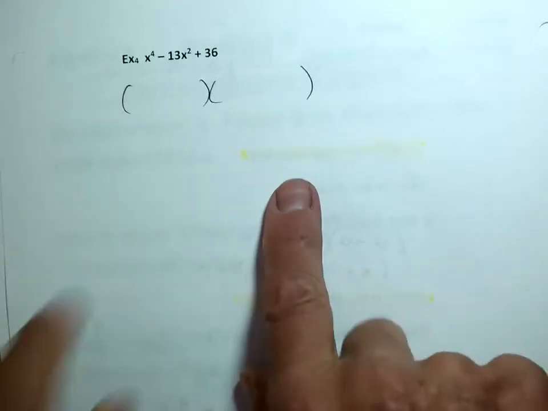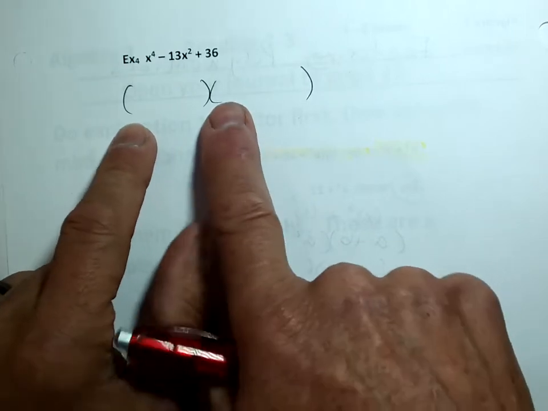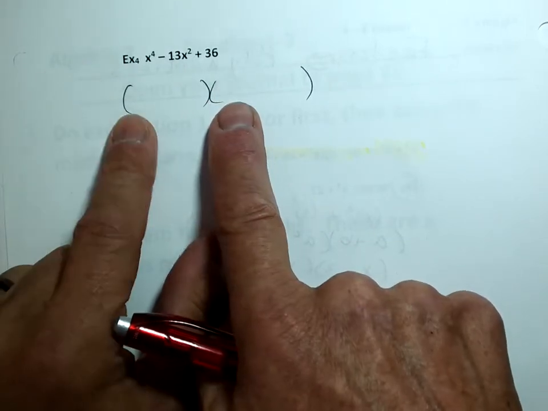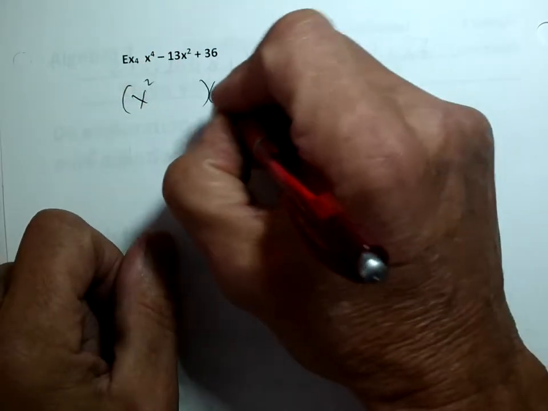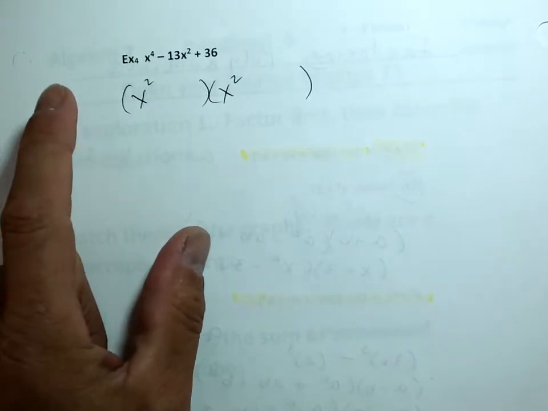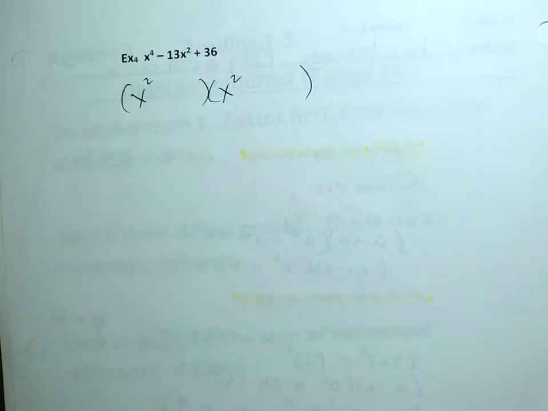So I got an x to the 4th, right? Got an x to the 4th. How about, you ready? X squared. X squared makes my x to the 4th, right? Now, what times what makes 36? 6 and 6.